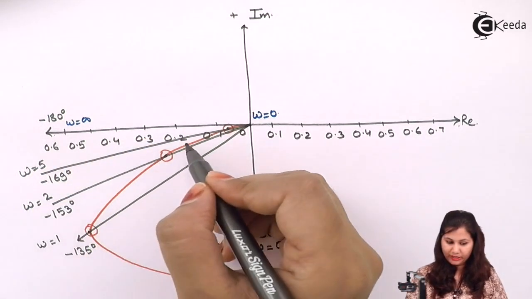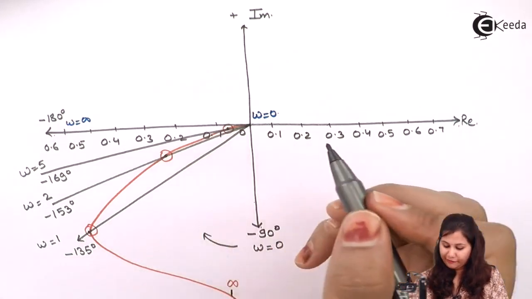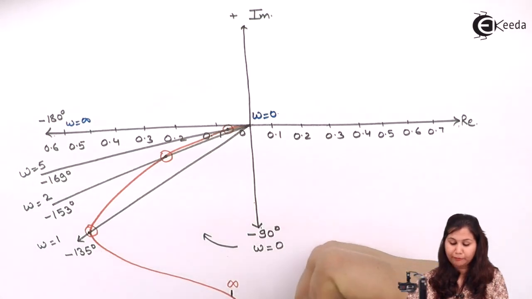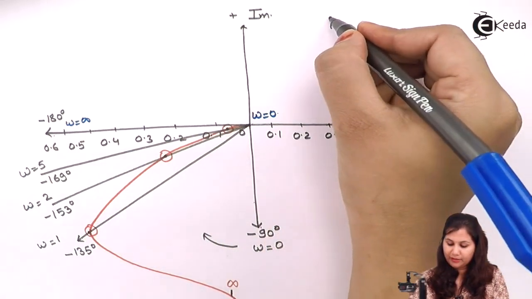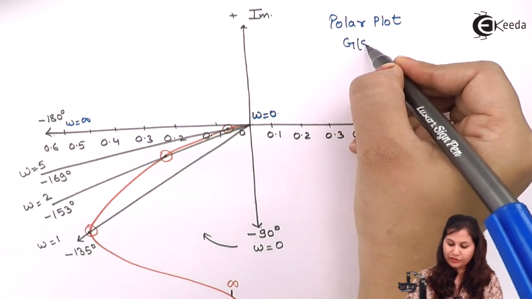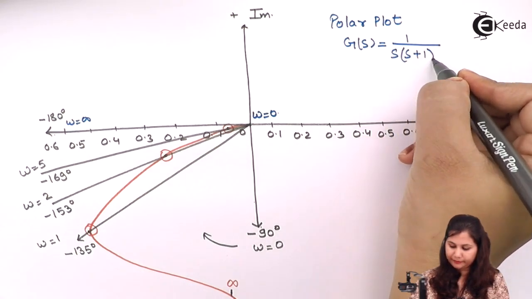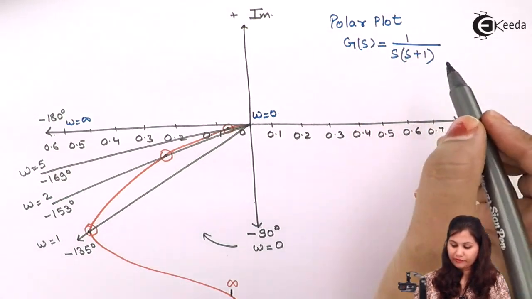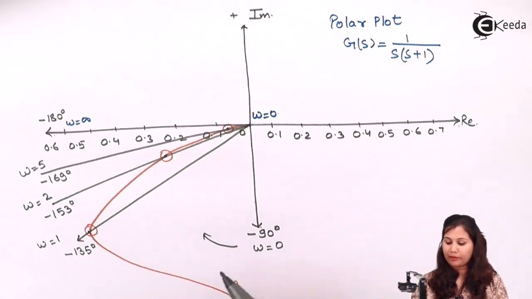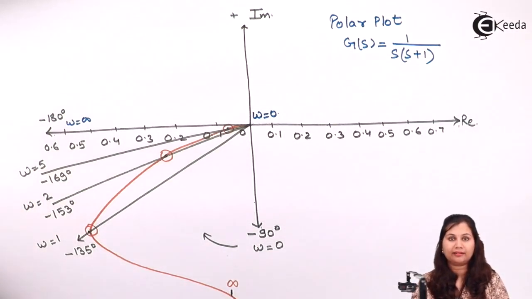So when we join these points, that is omega equals to 1, omega equals to 2, omega equals to 5, the path which we have found out is the polar plot of the system whose transfer function is G(s) equals to 1 upon s plus 1. So for this transfer function, the polar plot will be like this, because polar plot is the plot of the magnitude and the phase angle on the polar coordinates, as the value of omega is varying from 0 to infinity.